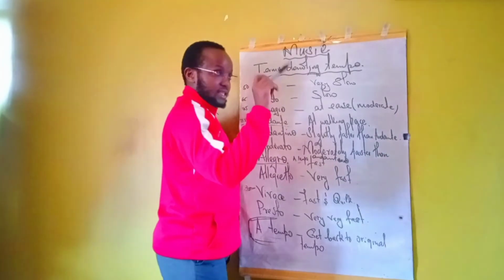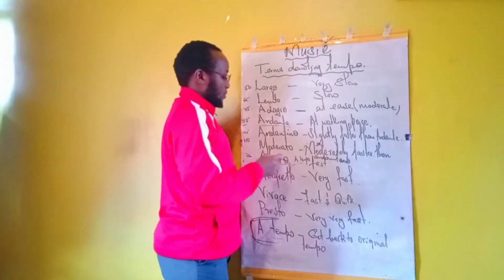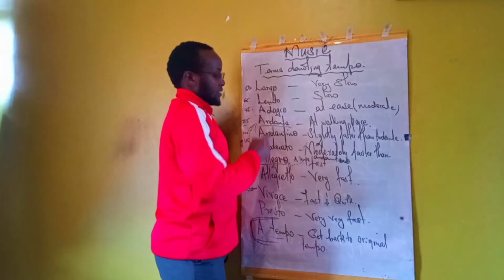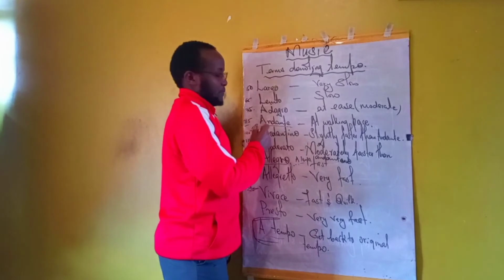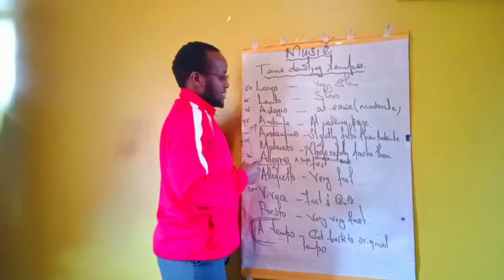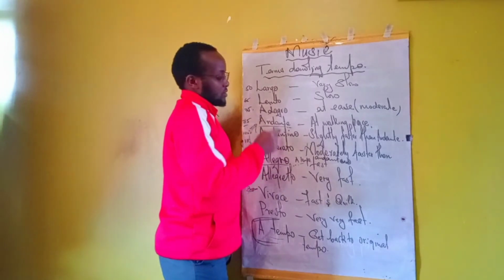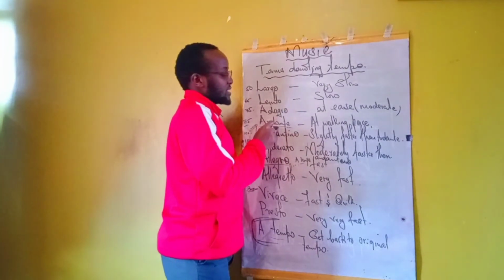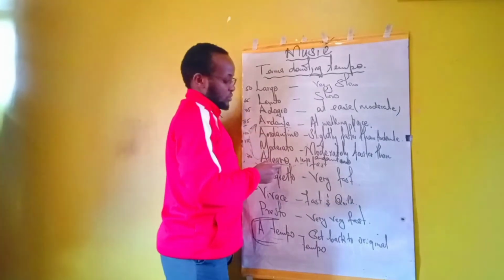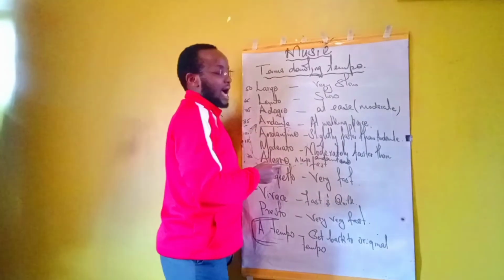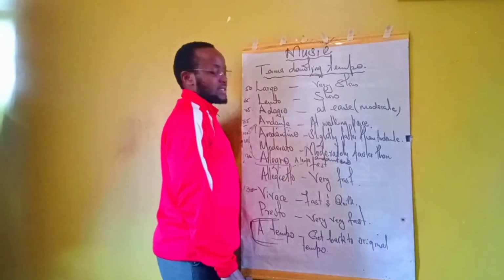A tempo means get back to the original movement, the original pace. The music is initially andante. You have gone to an allegro movement. A tempo means you get back to andante.